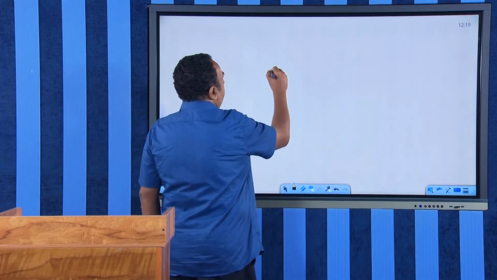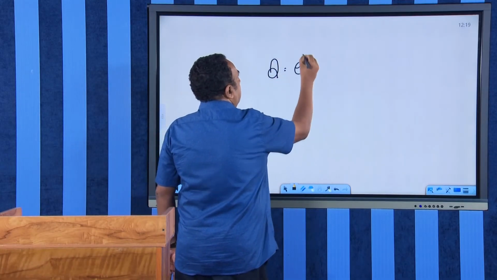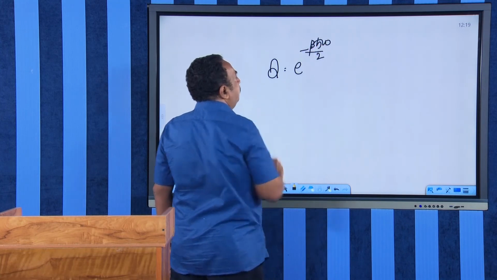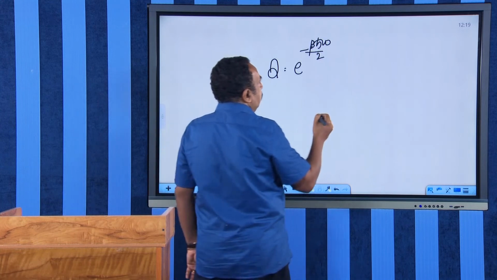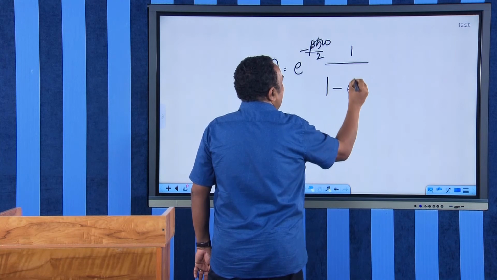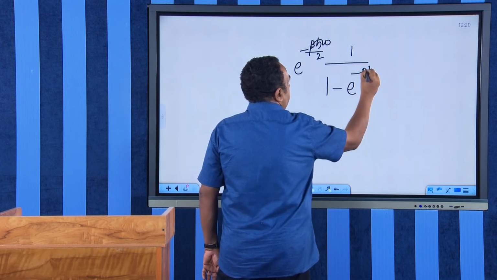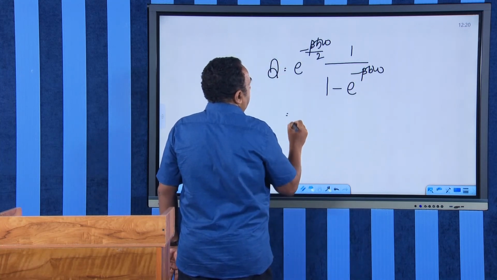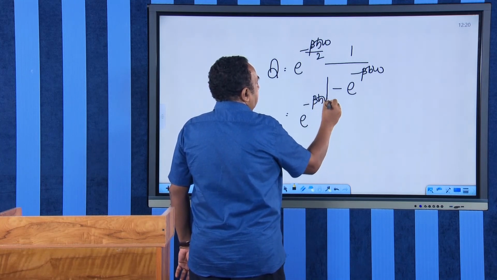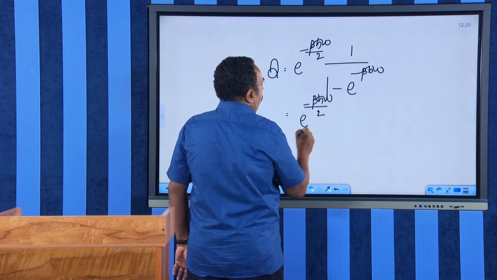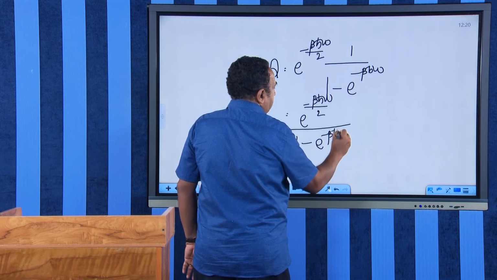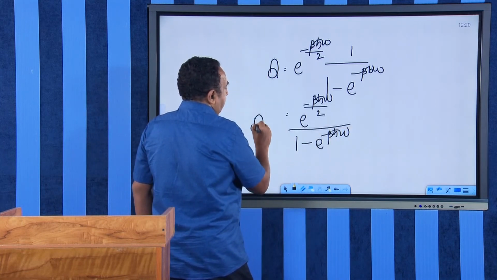Therefore, your q now becomes e raised to minus beta h cut omega by 2, summation over x raised to n, which will be equal to 1 divided by 1 minus x, where x is e raised to minus beta h cut omega. Therefore, your partition function can be written as e raised to minus beta h cut omega divided by 2, whole divided by 1 minus e raised to minus beta h cut omega. That is your partition function.